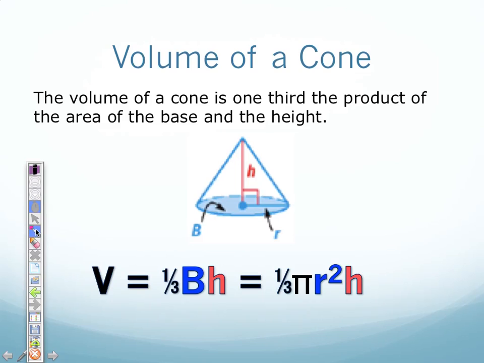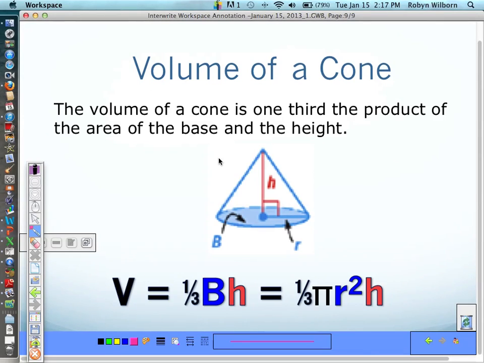Let's go ahead and grab our highlighter, and we have a little bit of information we need to fill in here. The volume of a cone is 1/3 the product, again, product meaning multiply, of the area of the base and the height. Two formulas are given. The one with the big B may look familiar if your teacher taught you that last year. We're not going to use that this year.